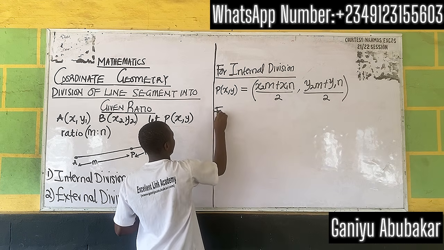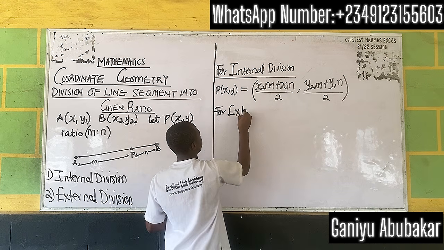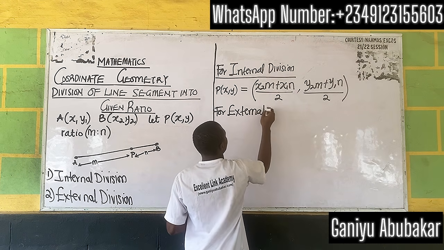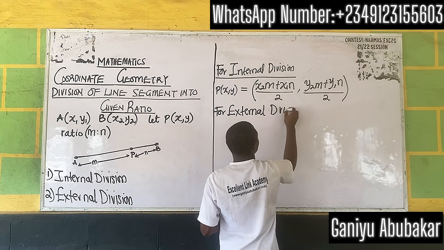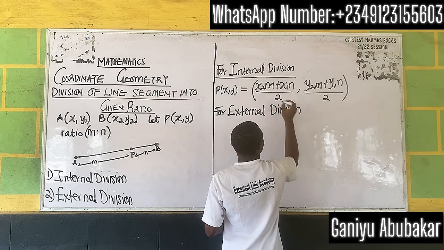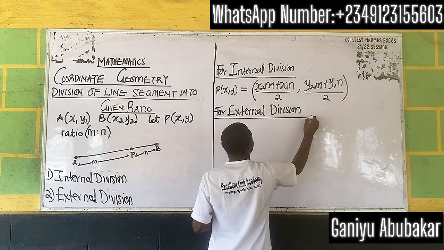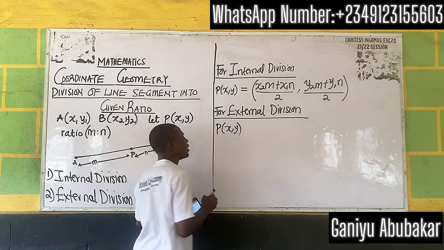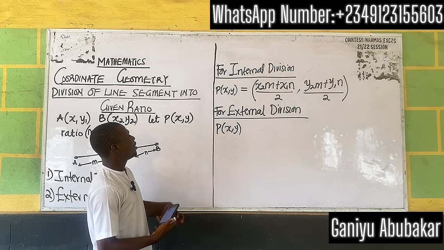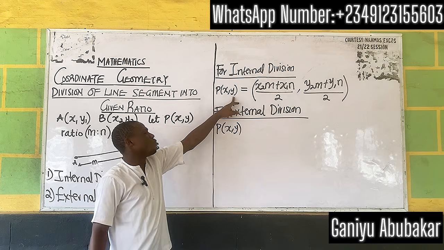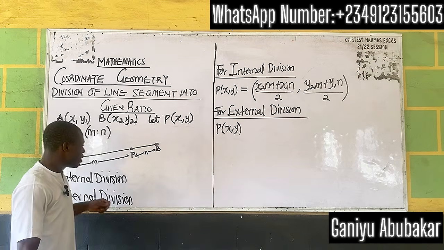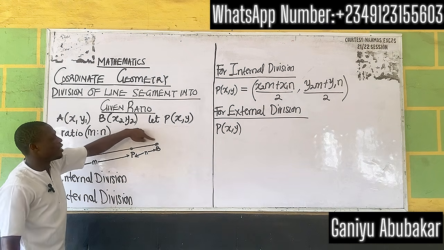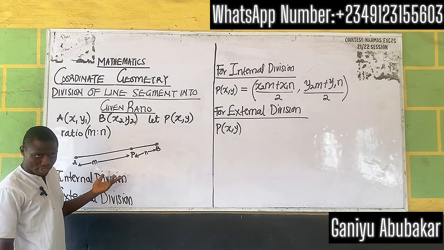For external division, the formula is given by P(x, y). Please listen. This P(x, y) means that you are dividing this line into ratios, right?